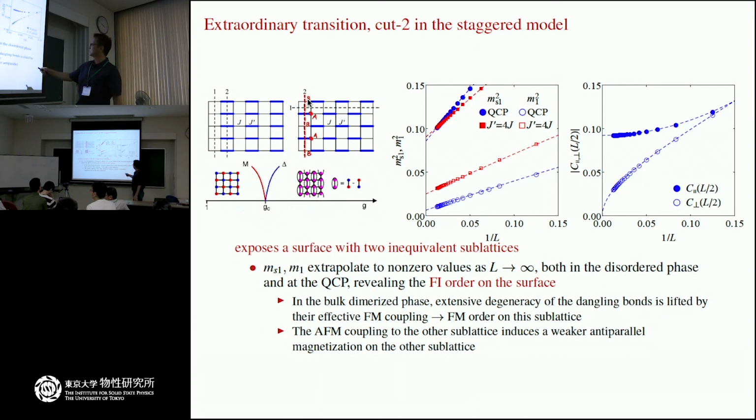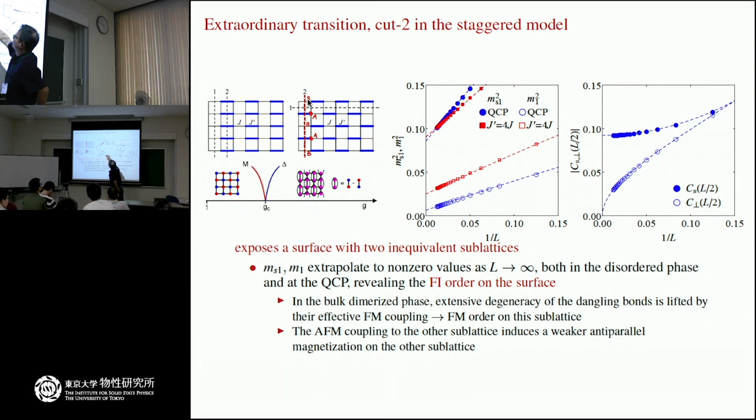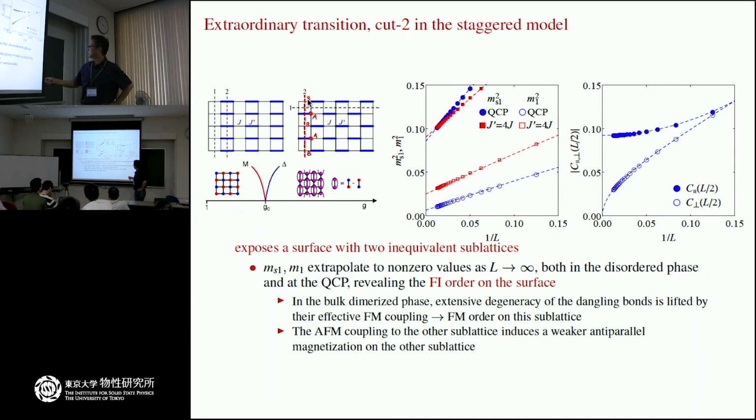Yeah, as Anders said, if the dangling bonds are identical, it's just an antiferromagnetic chain, then it will not order at zero temperature, in a 1D chain. But in this case, it's not degenerate. In between, they have a strong bond.